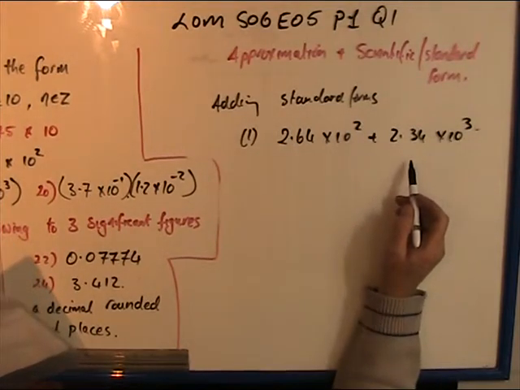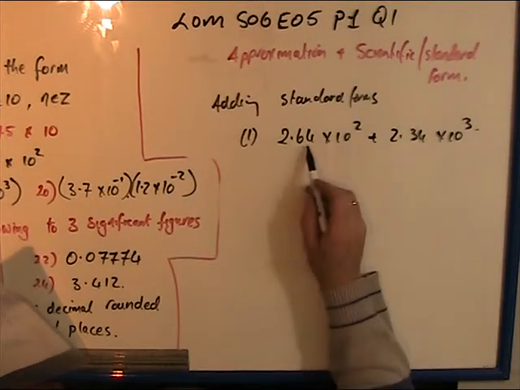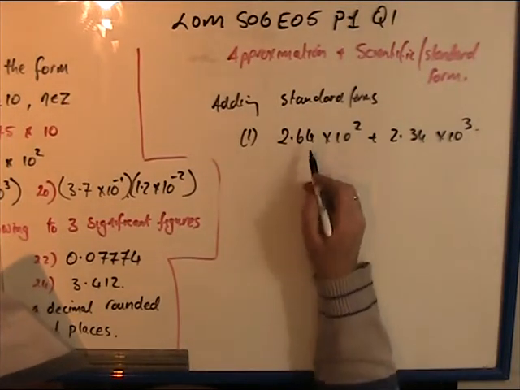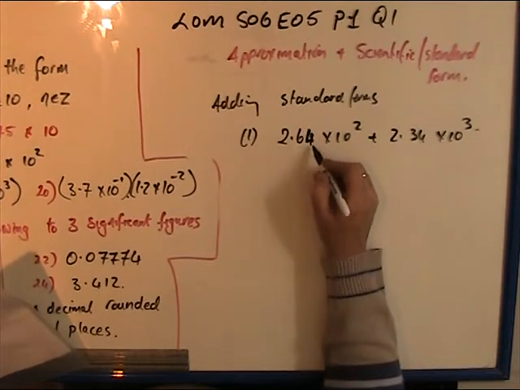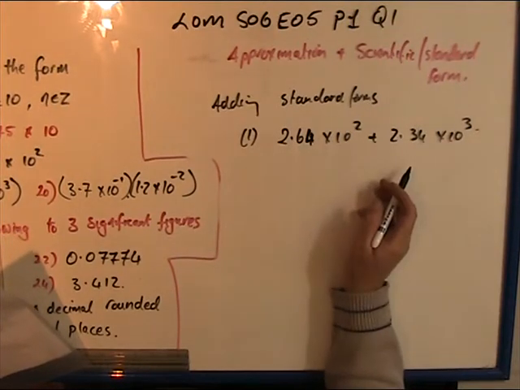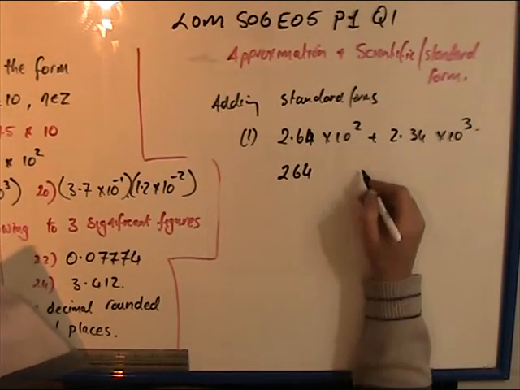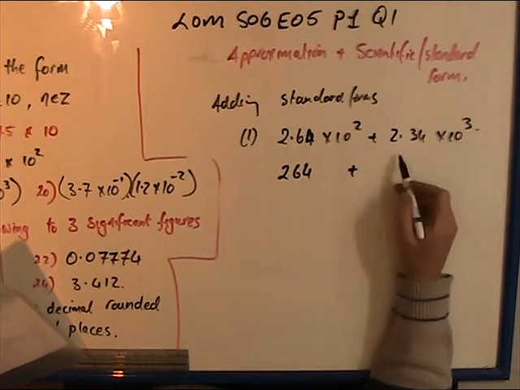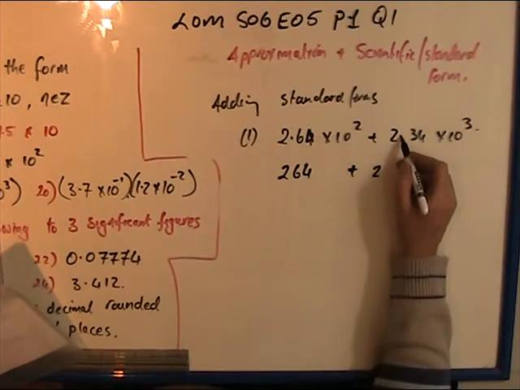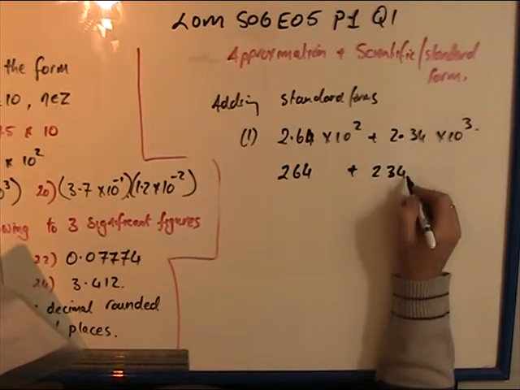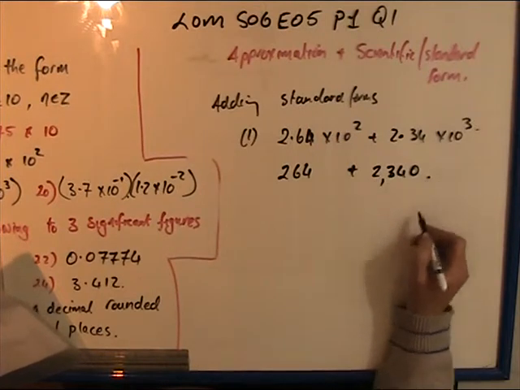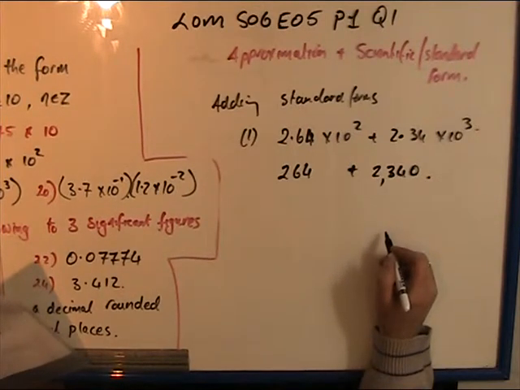I have to convert them. The decimal place would move 2 places to the right, so this is multiplied by 100, that's 264, plus, and this is moved 3 places, so this is 2340. So it's multiplied by 1000.